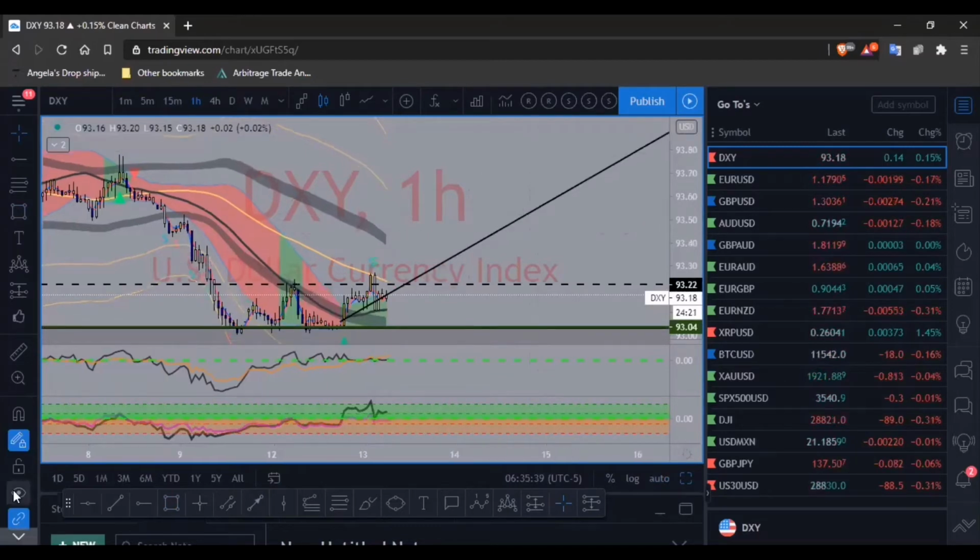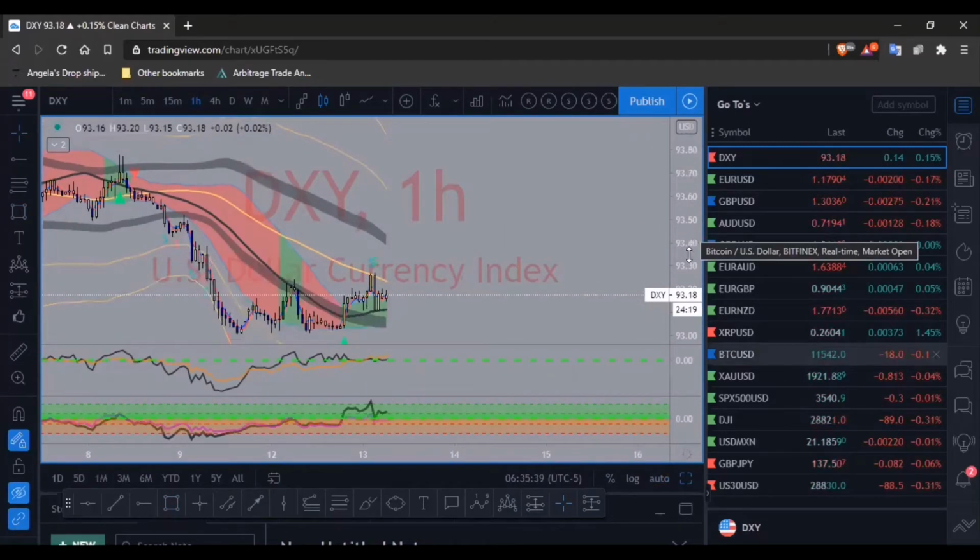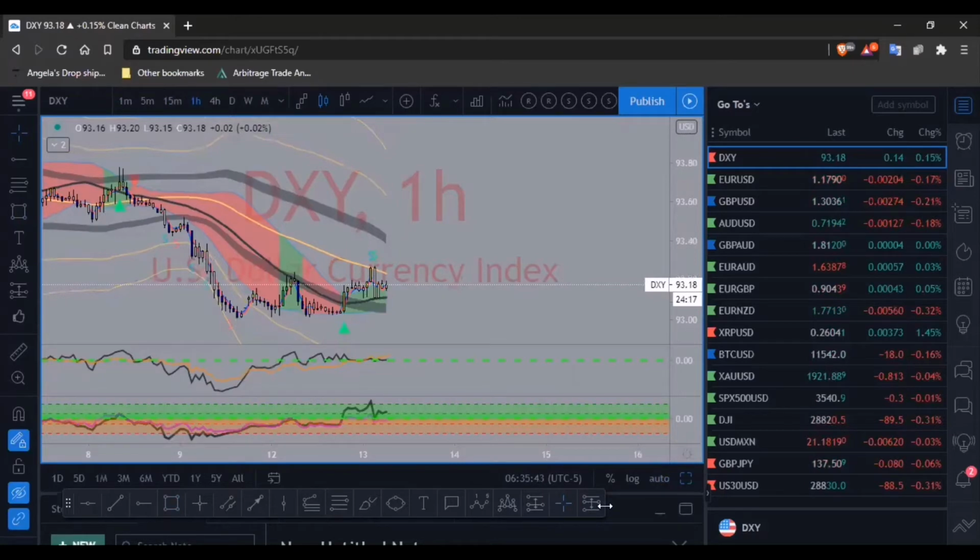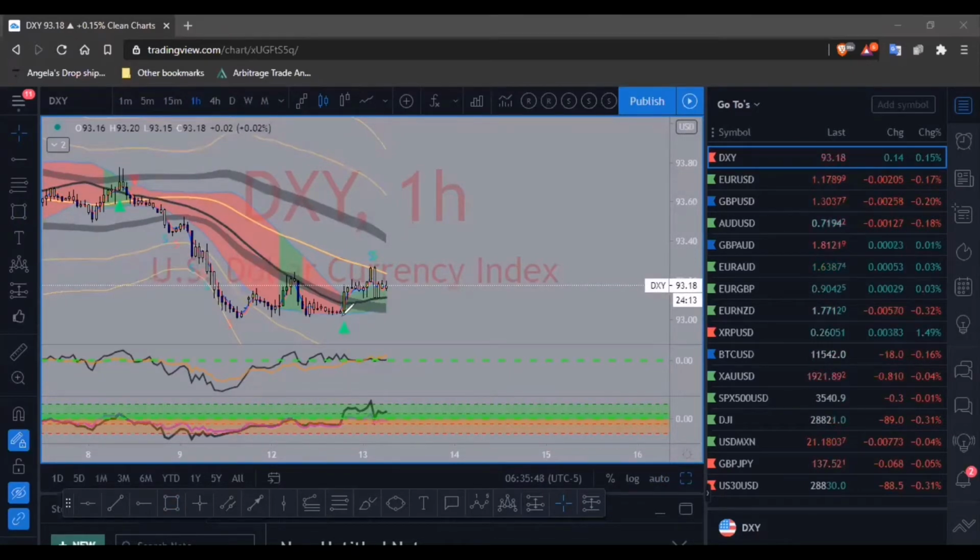Before I do that, let me get rid of the drawings and then annotate. So price called for this buy, went bullish, and retested off of the RSI line, which is this black line, which is what I like to see. It retested off of that, and now I'm expecting price to continue to the upside.